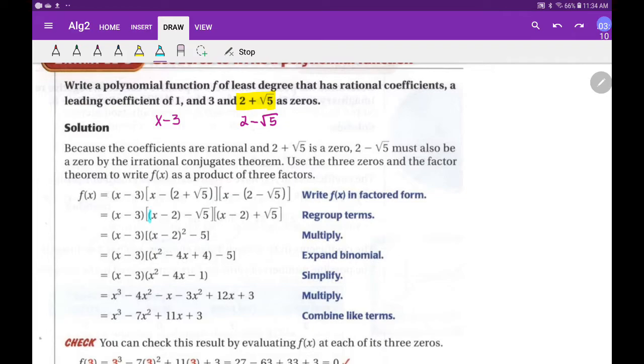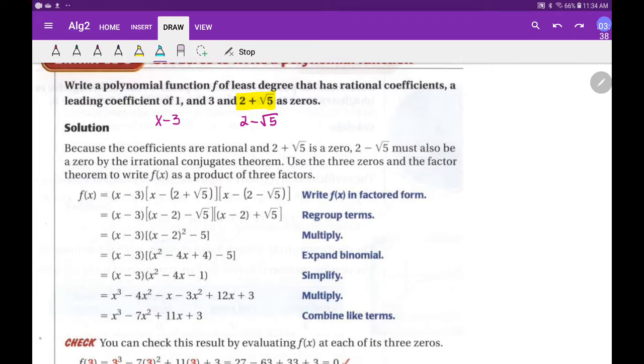We say x minus 2 times x minus 2, that's x minus 2 squared. Then x minus 2 times plus and x minus 2 times minus are going to cancel out. As we figure with the conjugate, they're going to undo each other. That's why we multiply by the conjugate if we have that on the bottom, because there's no middle term and it gets rid of the radical or the i.